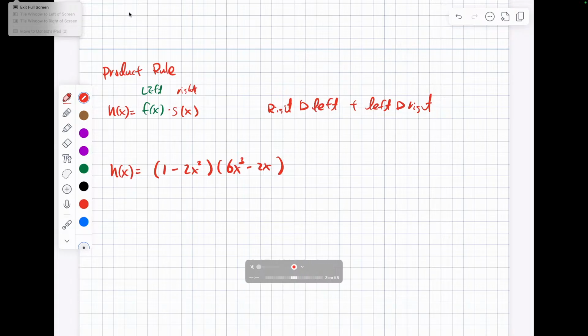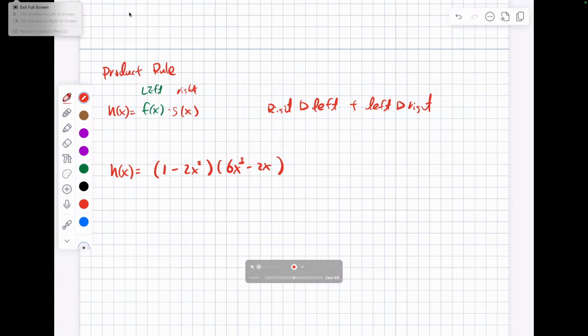This function is composed of two functions multiplied. You might say you don't really need the product rule, you can just distribute and take the derivative, and you should get a good answer. But for the purpose today, we need you to learn the product rule, so we're going to practice on it. We can show you they're the same answer.